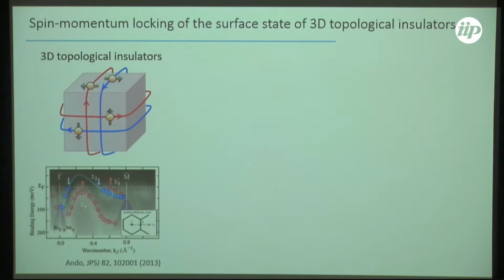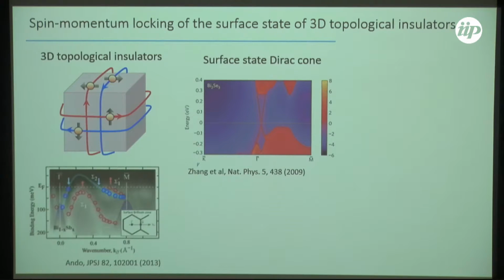First, I would like to discuss some spintronic effects of an isolated topological insulator, with some properties which I think no one has pointed out before. Again, we have heard a lot of talks in this conference that we can just focus on the surface state Dirac cone, which is responsible for these spintronic effects.